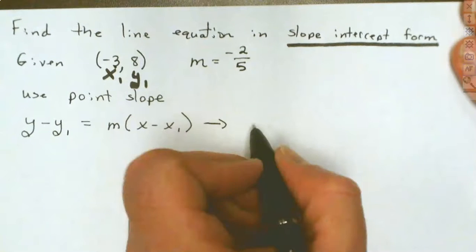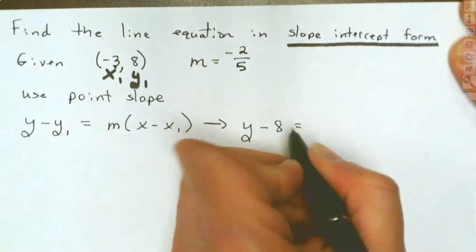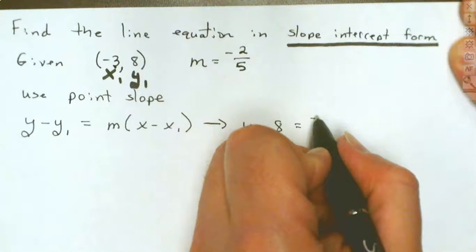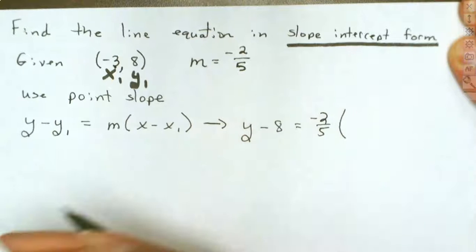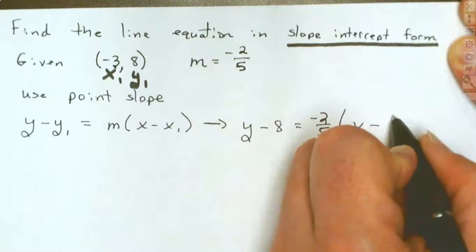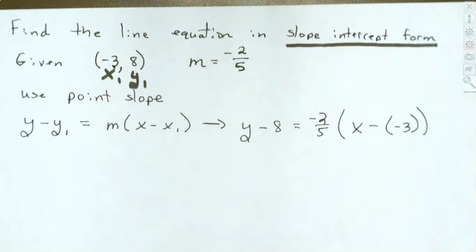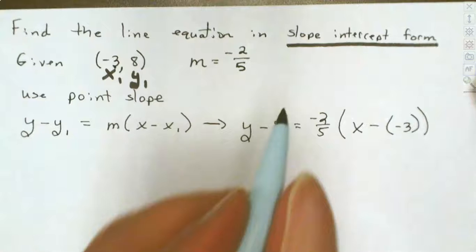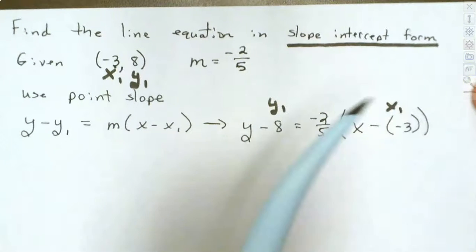And so we have y minus 8 equals -2/5, that's your slope, times x, and watch your double negatives here, minus a -3. So I'll give you a moment to see where I plug the values in. Because remember, this is y1 here, and this is x1 over here.